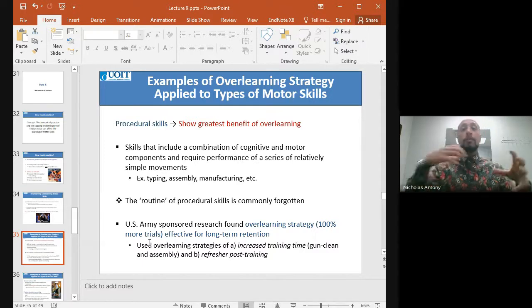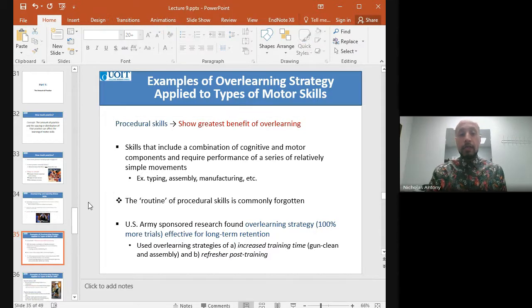They doubled the amount of practice, and it led to the recruits retaining that information better when they got called to the Army base to go to war. Does that make sense? So that's where the term overlearning came from. Overlearning, or learning more than required, seemed in this case, for procedural skills, to lead to better retention. So overlearning is good, yes, right?